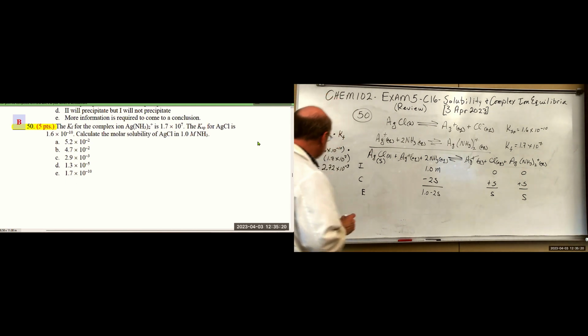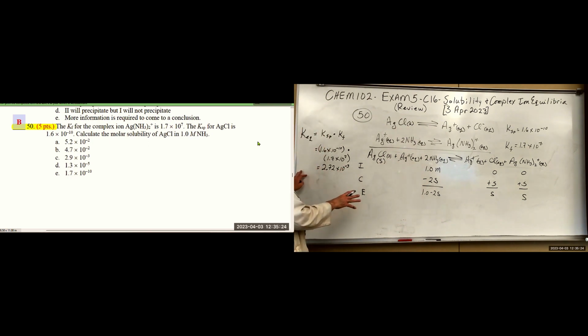Okay, so now we can set up our equilibrium expression. I've used up a lot of room, but I'm going to try to squeeze it in here. So this value is equal to chloride. Let's do it this way. Let's do the complex ion first.